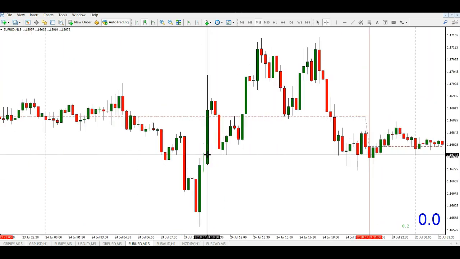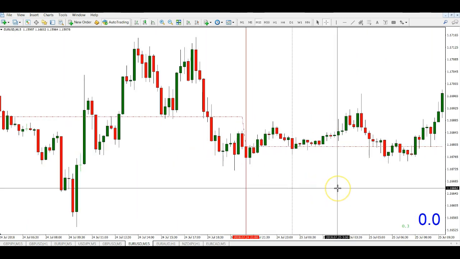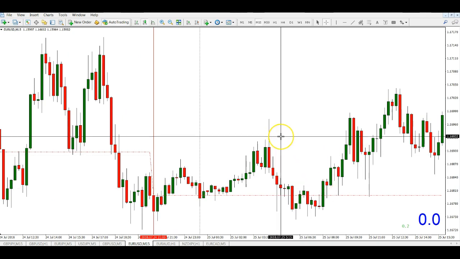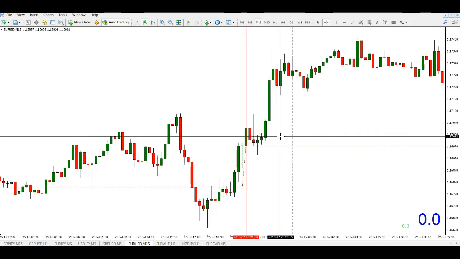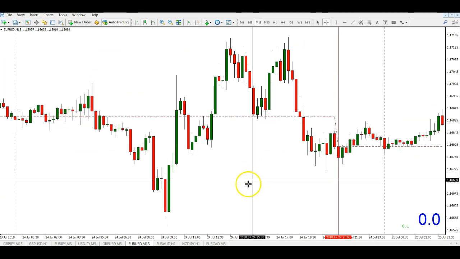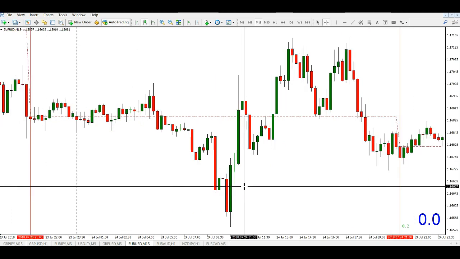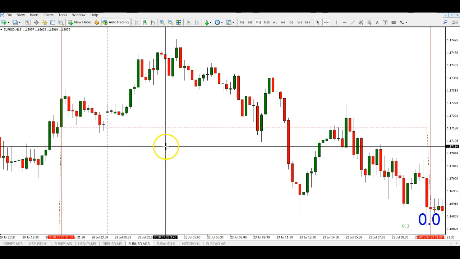So most people, like I said, I don't hear anyone talking about the importance of time that often, but I really watch time quite frequently. I generally will not close any trades before 12 p.m. till London close.